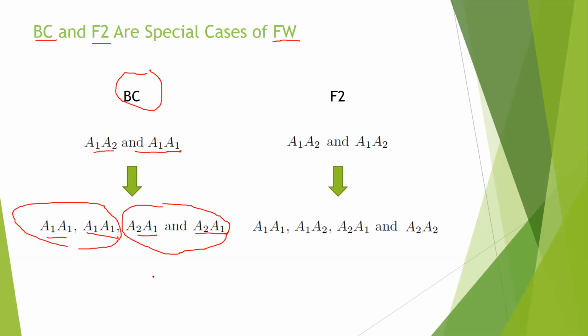So this is why it is a special four-way design. And also if you do the F2, this will also give you 4 possible genotypes. However, the 2 in the middle cannot be distinguished from each other. So this is another special case of the four-way design.